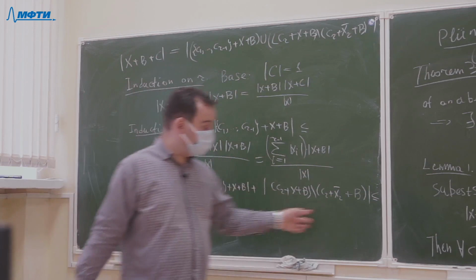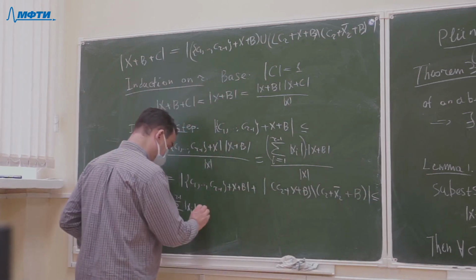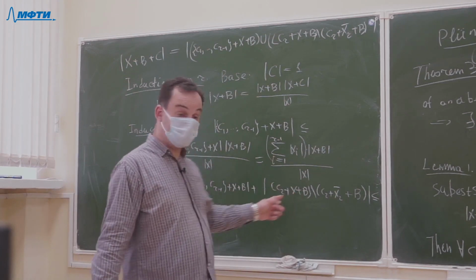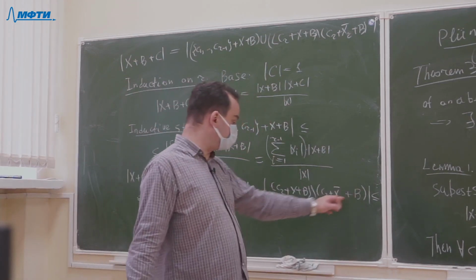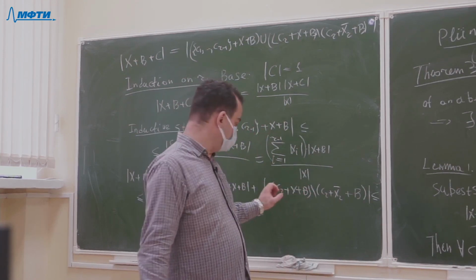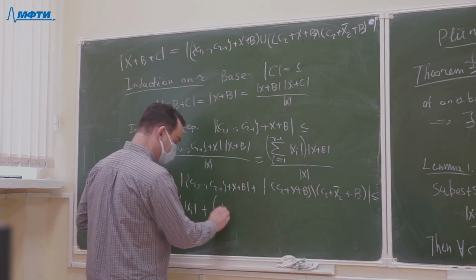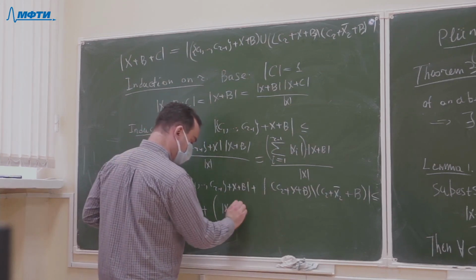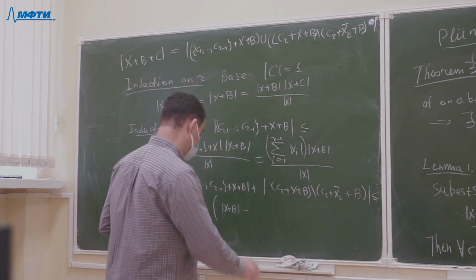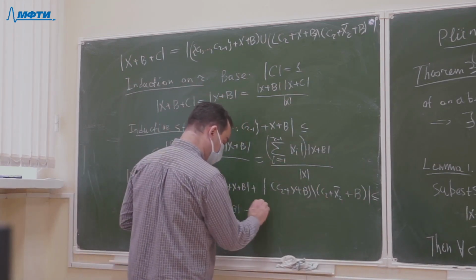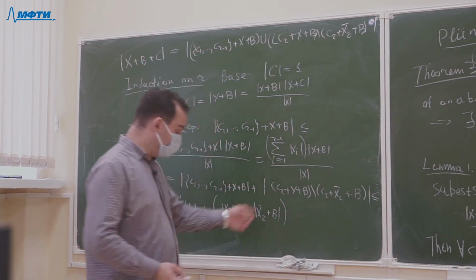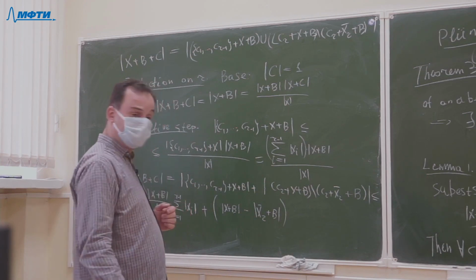Now let's estimate this part. So what is this? It's X plus B. This C_r plus X_r plus B is a subset of C_r plus X plus B. So this is X plus B minus the cardinality of X_r complement plus B. How do we estimate this X_r complement plus B?